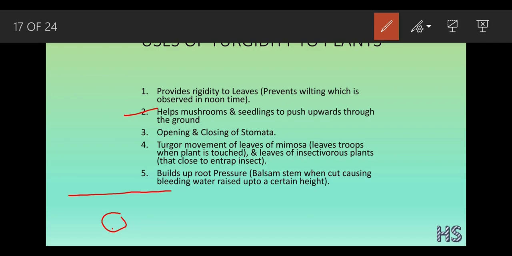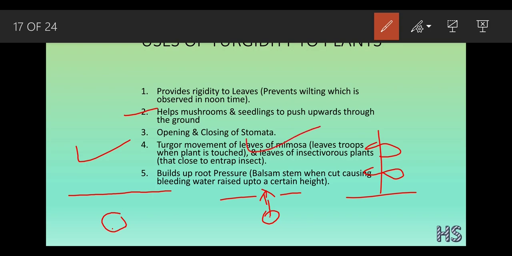After a few days, like around 7 to 8 days, it will start to germinate, means it is going to push upwards, and after months or so you will see a proper plant arise from this seed. So see, this was a seed, this was a germination part, and this was a proper plant.